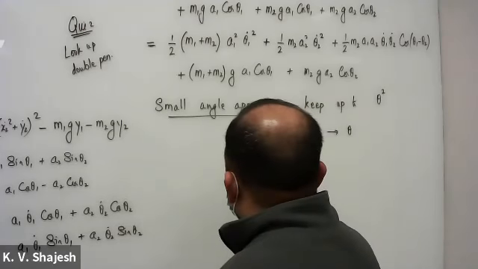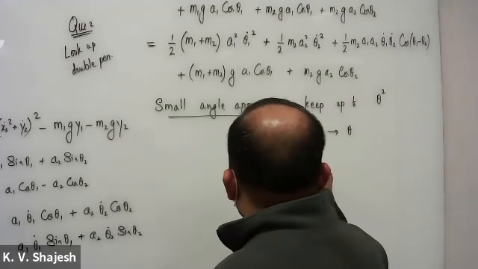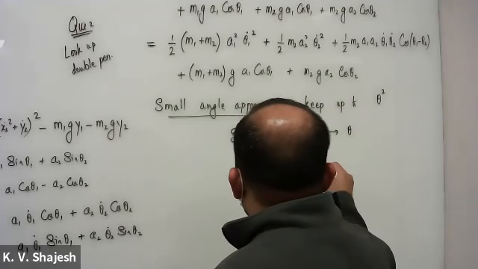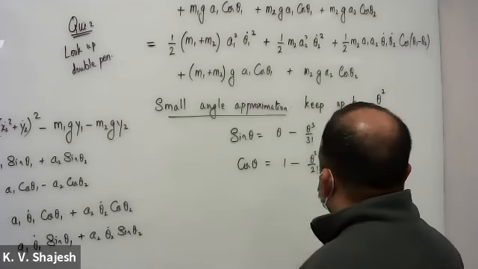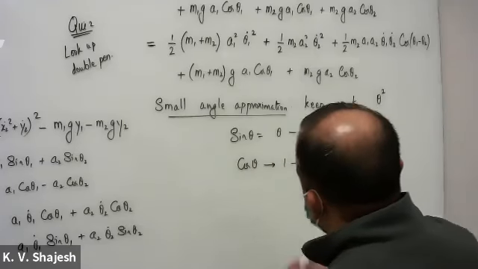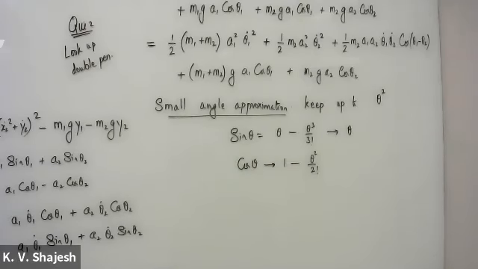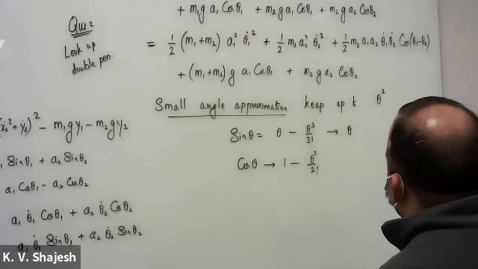When it comes to cosine theta, this is 1 minus theta squared over 2 factorial, and this we will keep. So we are going to keep this approximation. Notice there will be products here, a theta 1, theta 2.